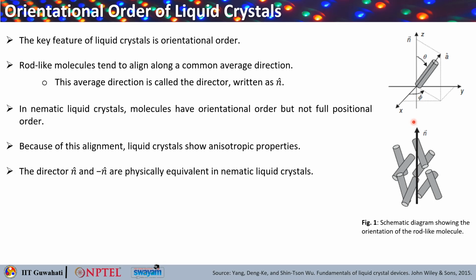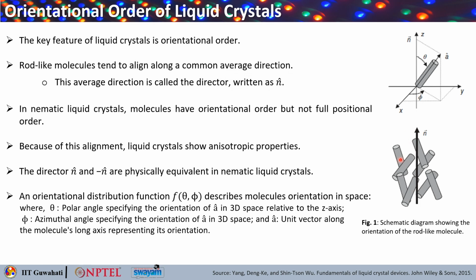The director n cap and minus n cap are physically equivalent in the case of a nematic liquid crystal, because it is symmetric. The orientational distribution function f(theta, phi) describes the molecule's orientation in space. This diagram shows what theta and phi are.